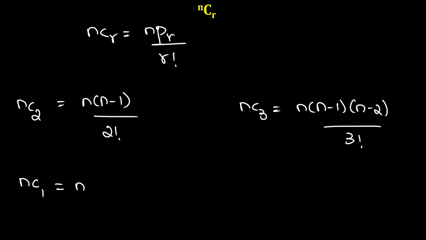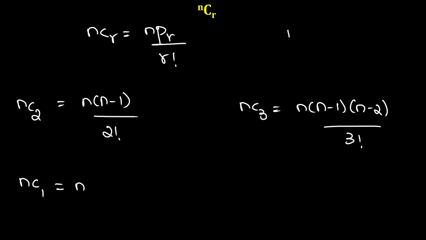Let us say 10 people: A, B, C, D, E, F, G, H, I, J. I can select A, or B, or C, or D. 'Or' means adding. I can select A one way, or B second way, or C third way, or D fourth way. Or means adding, adding, adding. Totally we'll get up to J, 10 ways. That's why nC1 is nothing but n, nC1 is nothing but 10.